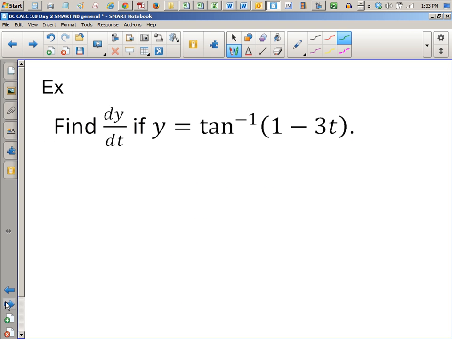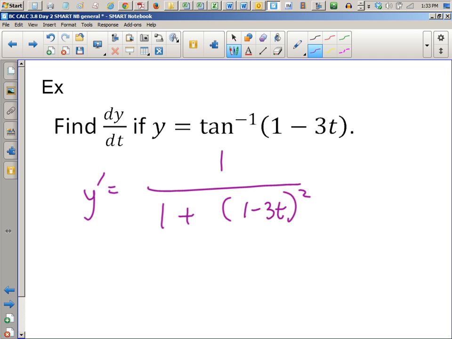Arctan of 1 minus 3t. So first and foremost, this is an arctan. So the derivative should have the structure 1 over 1 plus something squared. Only it's not an x, it's a 1 minus 3t. Fair enough, we'll put that in here. Now we multiply by the derivative of what's inside.